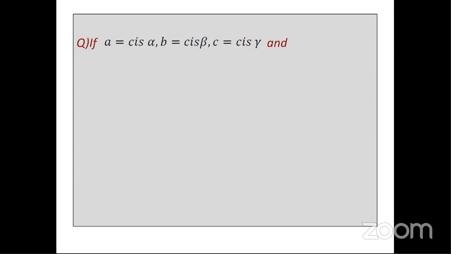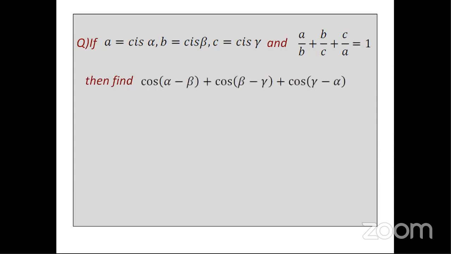We have three different forms that we have discussed, right? So he has given one more condition, a by b plus b by c plus c by a is equal to 1. Then find cos of alpha minus beta plus cos of beta minus gamma plus cos of gamma minus alpha. We need to find this value.